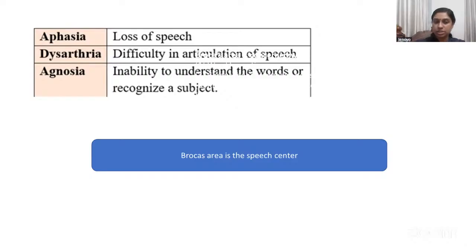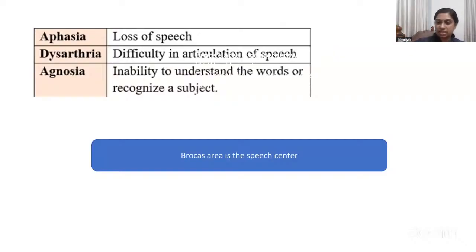Next is agnosia, the inability to understand words or recognize a subject. Aphasia means the patient cannot properly speak. Dysarthria means the person can speak, but we cannot make out the speech because of weakness in the muscles. And agnosia means the patient cannot understand the words or recognize a subject.